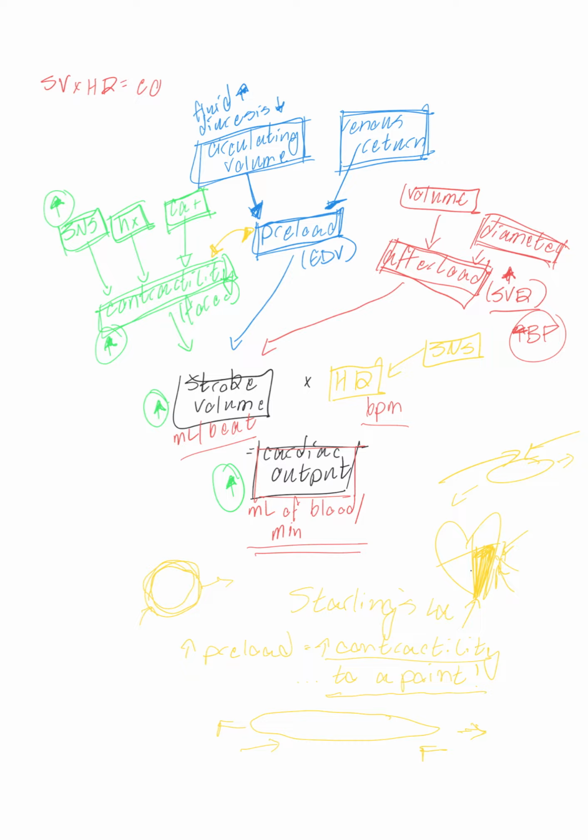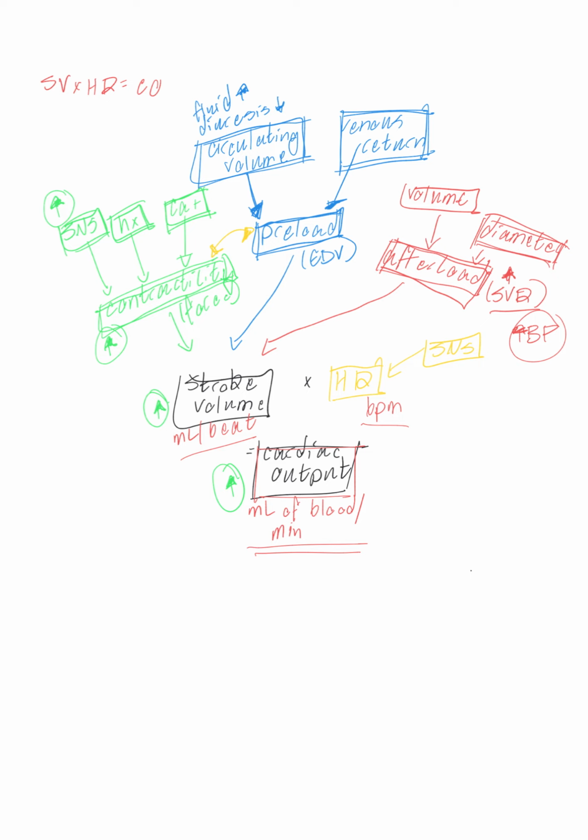And everyone's tipping point is different. So you might be thinking, how do I know when someone has so much preload that their contractility decreases? Well, everyone's tipping point is different. If you gave me 1 liter of fluid, that is going to increase my preload, and my heart would be able to cope with the fluid, and I would have increased contractility. And I'm 38.